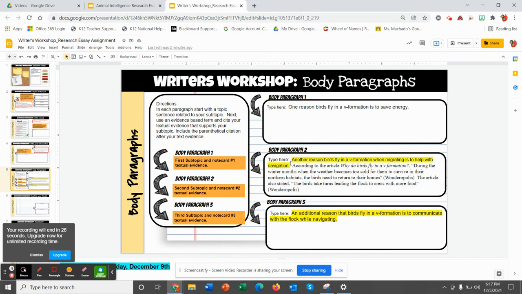In body paragraph number 2, it relates to subtopic number 2 from your thesis statement, and body paragraph number 3 relates to subtopic number 3 from your thesis statement. You will then use your note cards to cite evidence from the articles that you read. You will include an evidence-based term, like according to the article, and you will include a parenthetical citation.